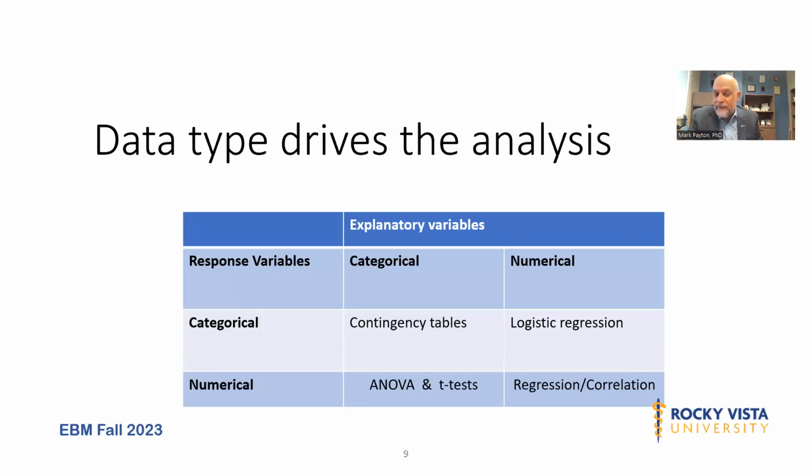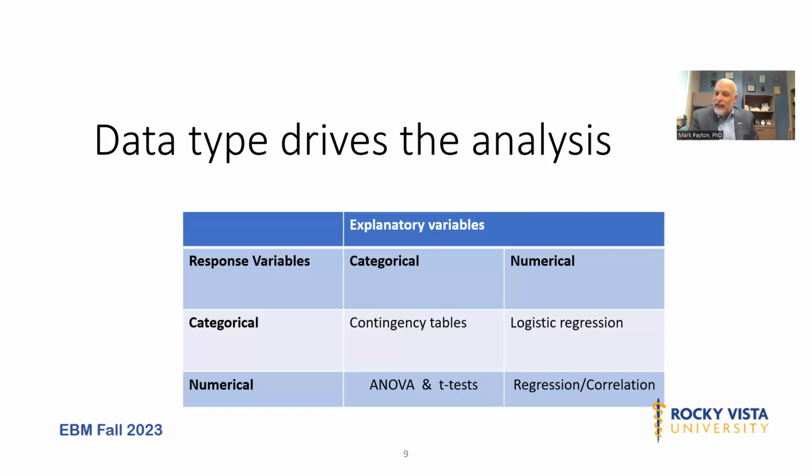Right? So just as an example, if I want to compare two categorical variables, I'm going to probably want to use a contingency table on that. All right, which usually means we're going to do a chi-square test or a gamma statistic or something along those lines. If you have two numeric variables that you're wanting to compare, then you're looking at either a regression or correlation.